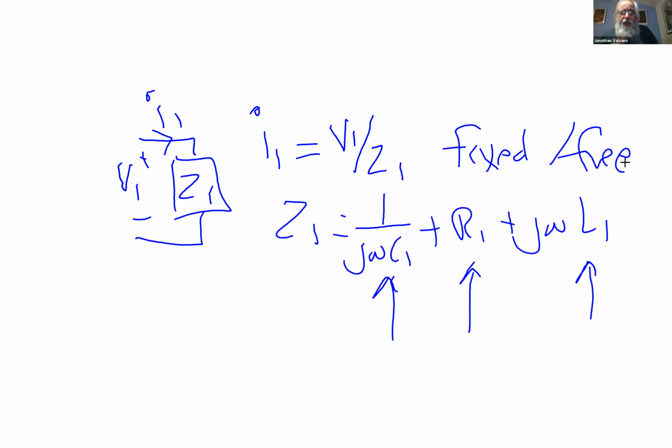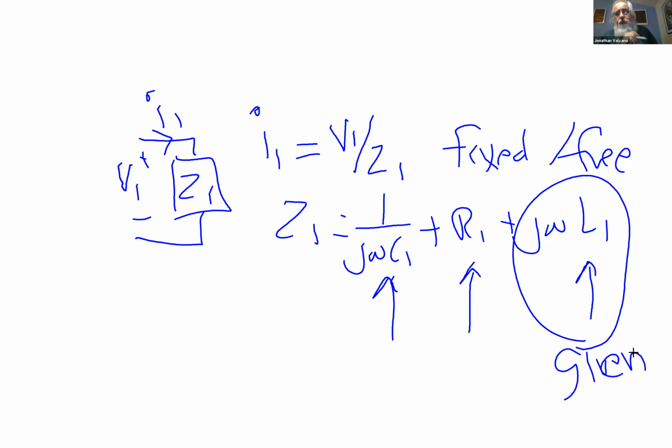If your lab partner comes out of the bushes and hands you a coil and says, okay, let's do the best we can. Which of these three is given to you? L. Yeah, L is given, that's the coil, right? There's one more that's given to you. That's fixed.